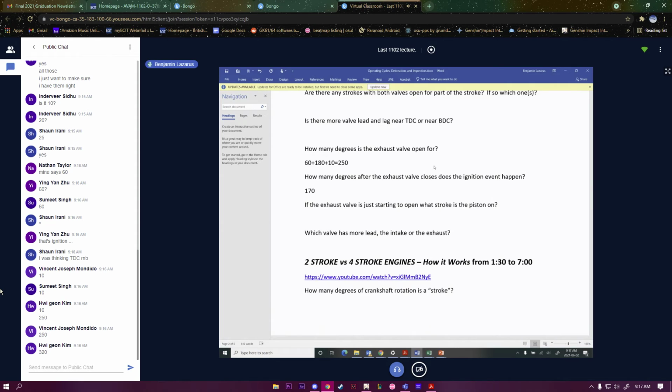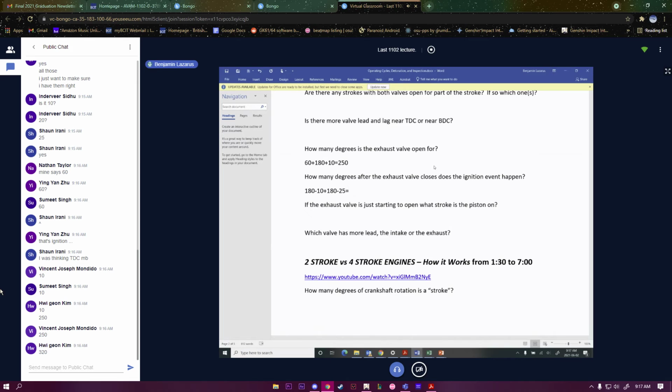So 180 degrees for the intake stroke, 180 minus 10, and then plus how many degrees of the compression stroke? 180 minus, but don't forget it closed 25 equals, what's that come out to?